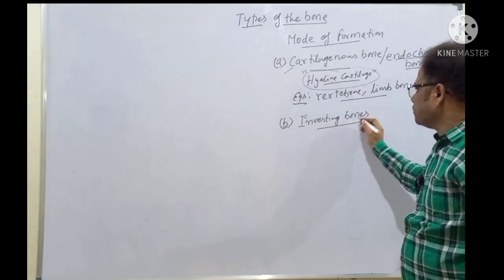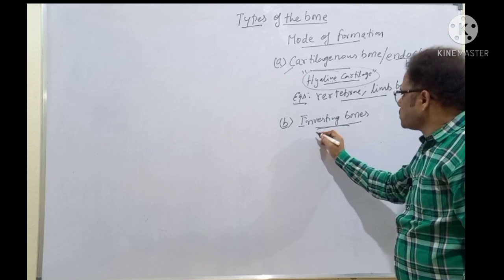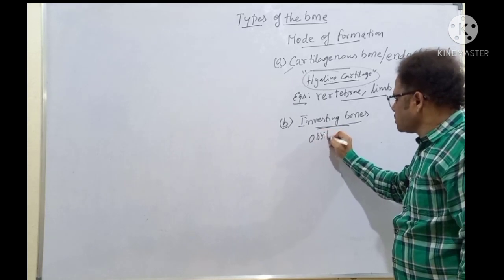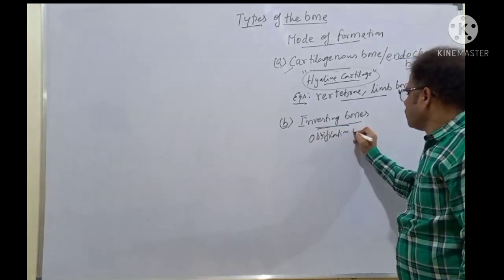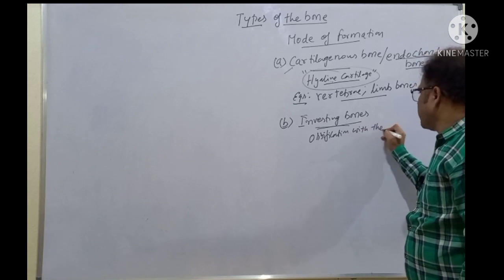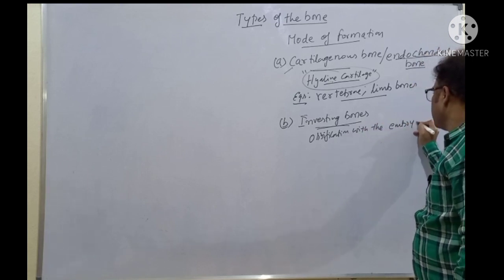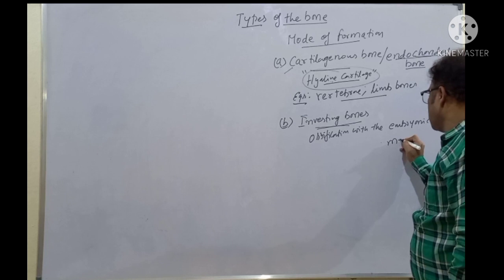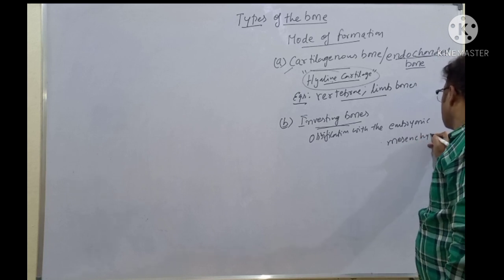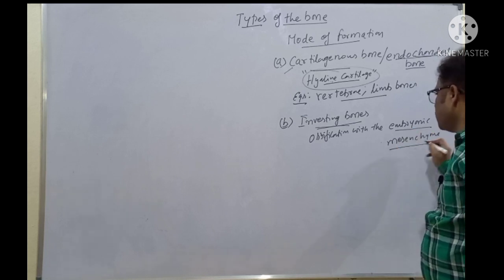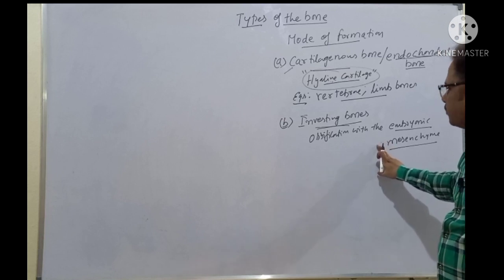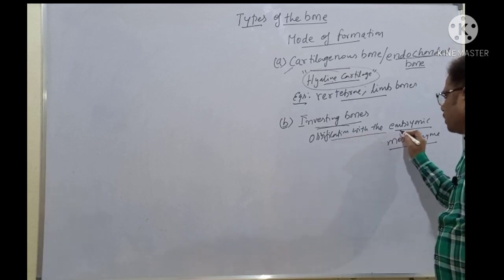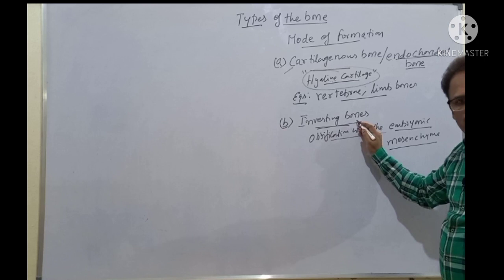Next one is the investing bones. Investing bones form by ossification with the embryonic mesenchyme. Embryonic mesenchyme is embryonic connective tissue. When ossification is done with the embryonic mesenchyme, they are called investing bones.